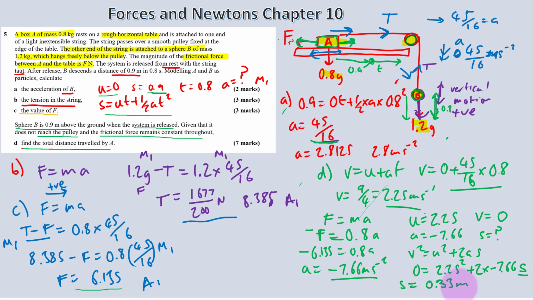Now remember, it's travelled 0.9 already, so s equals 0.33 add 0.9, which equals 1.23 meters, and that's the final answer. But this question is really tricky, so don't worry if you don't comprehend it fully, but you should be able to get 5a, b and c correct.